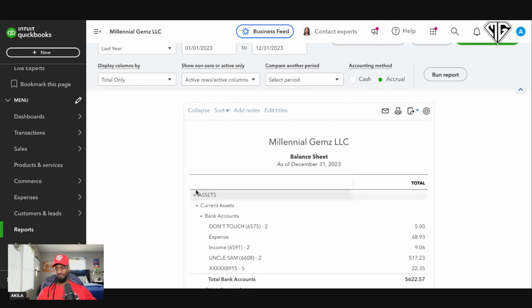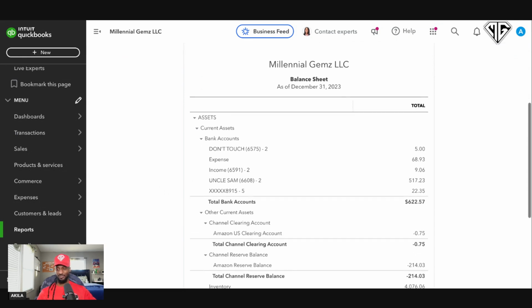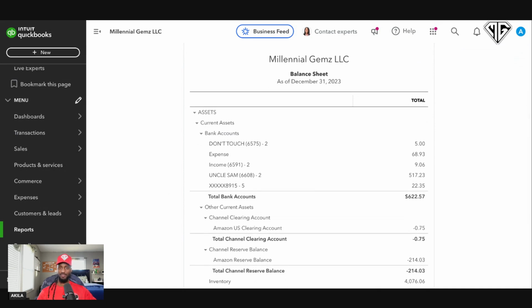Assets, by definition, are anything that your company owns. So when it comes to looking at your balance sheet for your business, you're talking about any bank accounts, any inventory, any current assets, anything you bought that you have to use long term.